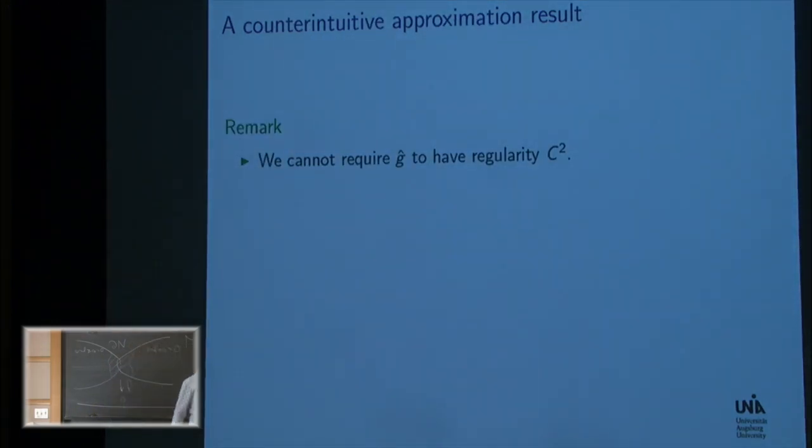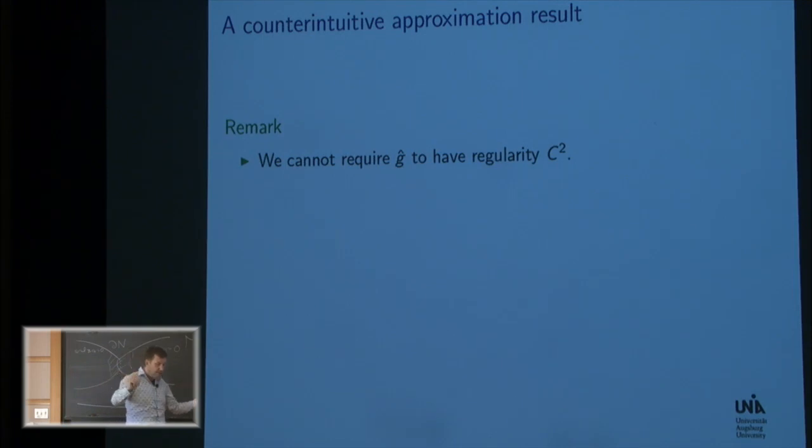So the first thing is remarks to put this result into context. The first thing is we cannot require that G hat has regularity C2 because in this case, we would have sectional curvature defined everywhere.